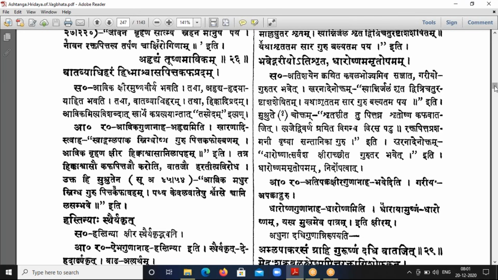Then in Sushruta Samhita, you may get some more details, which is quite interesting. Stanyam, that means manusham payaha, generally is never boiled, even for any use.